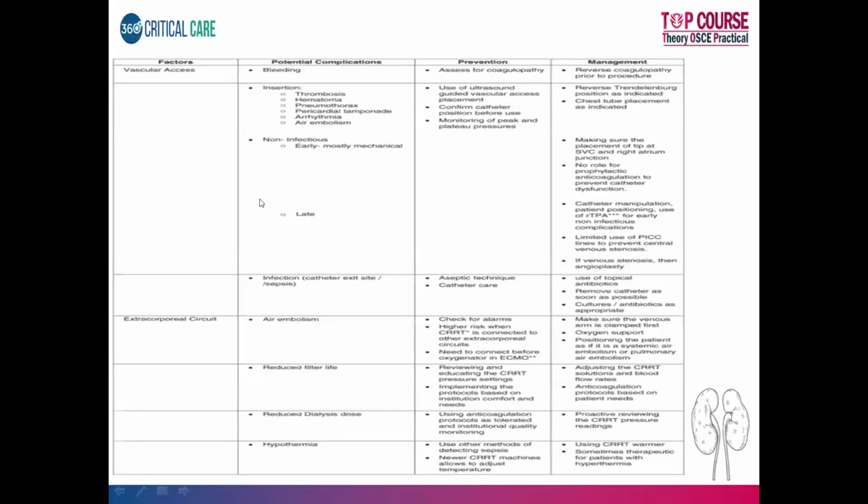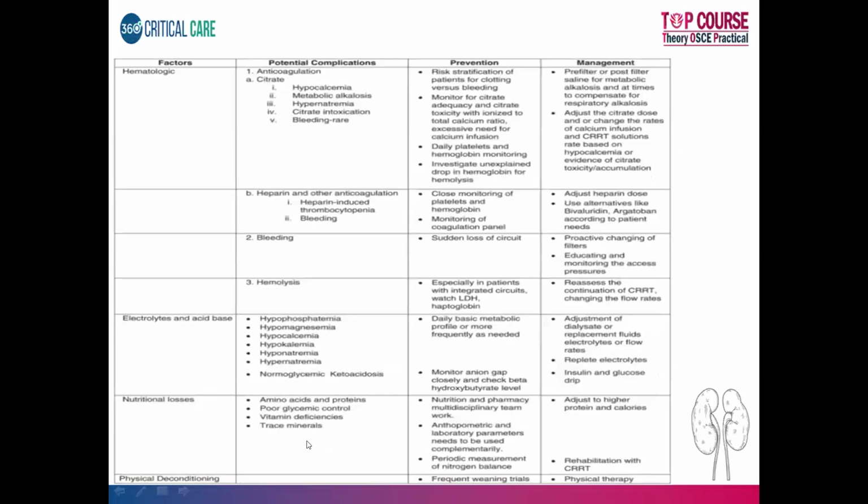This is just a table which is giving in detail about these complications. So if you have time, just go through it. So in vascular access, bleeding complications, insertion related like thrombosis, hematoma, pneumothorax, air embolism, arrhythmias, anything can occur. Then infectious complications can occur at catheter exit site, sepsis. Then how to prevent it, how to manage, everything has been given. Now, extracorporeal circuit related factors like air embolism, reduced filter life, reduced dialysis dose, hypothermia.